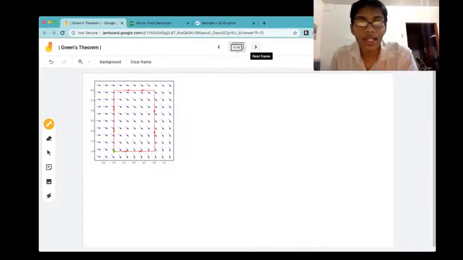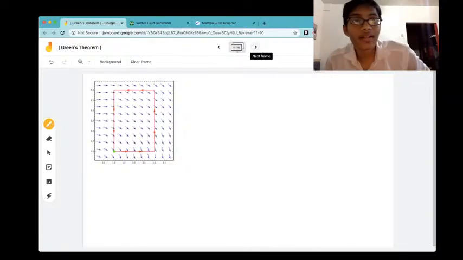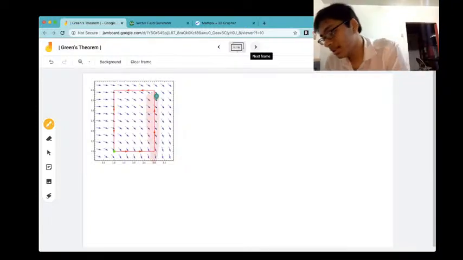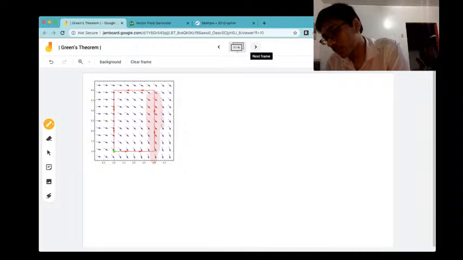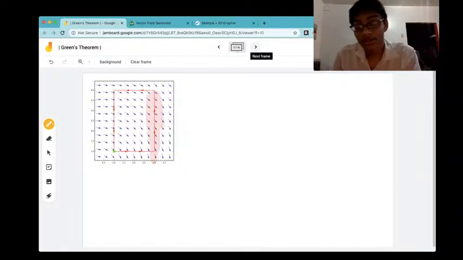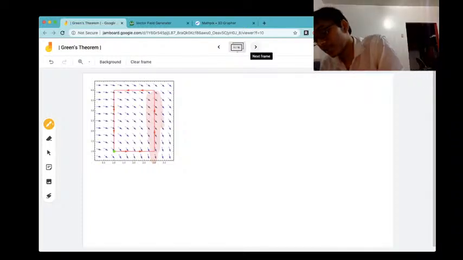How do we calculate the work done by the vector field on that path of motion? Well, it's going to be once again quite straightforward. Let's just write out the good old formula F dot r hat ds.